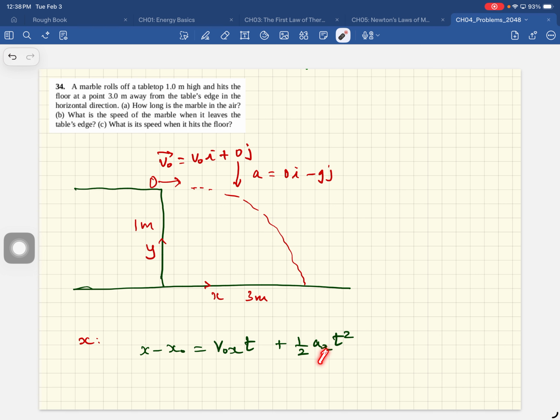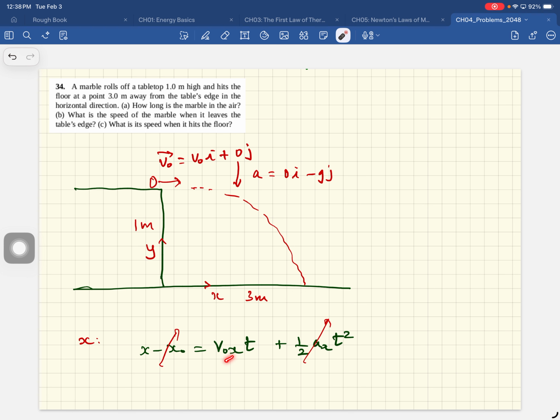What is the x component of the acceleration of the ball? 0. So this term is 0. We'll say we've set up our origin of the axis there. What is the initial x component of the position? There is the x initial position when it leaves the table. This is 0.